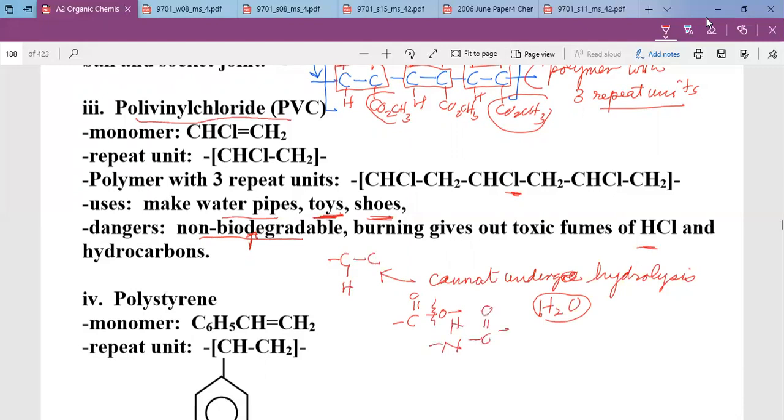So for your polyester, which is this one here, and your polyamide, your nylon, they both can undergo hydrolysis. That's why they are easier to break down than your addition polymers. There's a question here, actually.